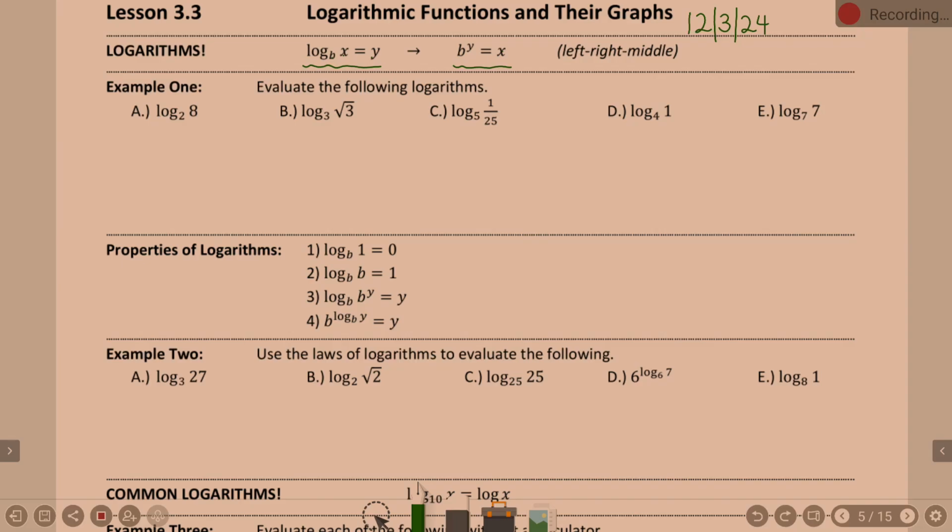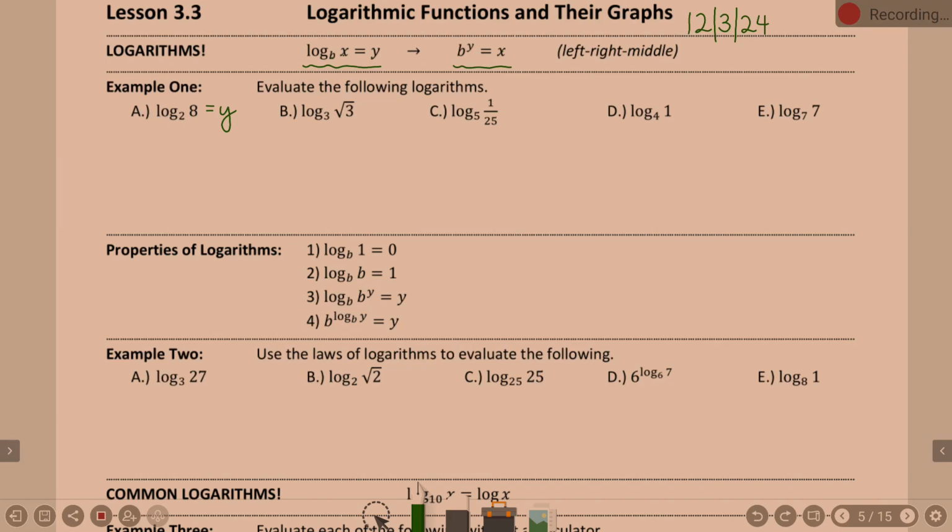So I want to know what is log base 2 of 8 equal to. So I'm going to start, and I'm going to say this is equal to y. Okay. Now, how do I get out of log form here? Left, right, middle.